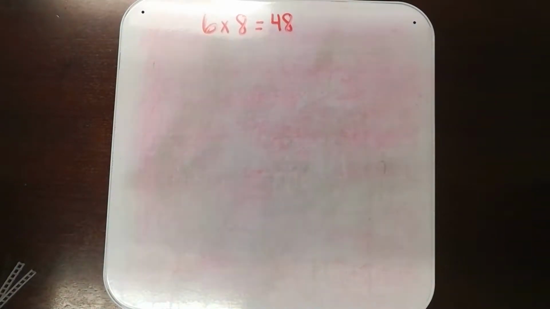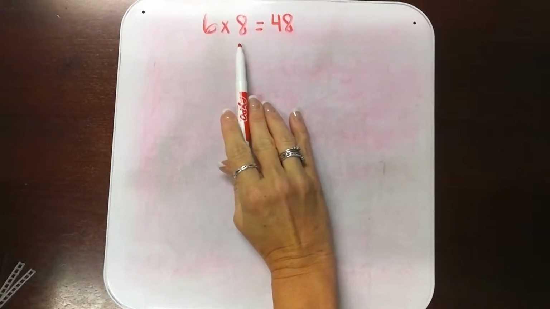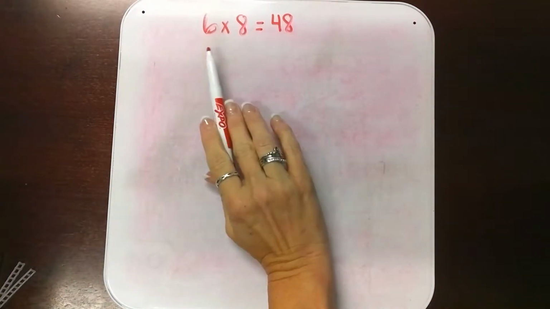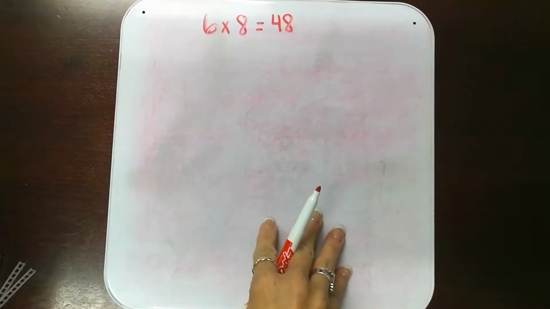Students would give me arrays. Students may give me groups times numbers in each group. Some may give me factors times factors equal product. Some students may do an area model. Some may break up 8 into 4 and 4 and do 6 times 4 is 24. But the reason I did this activity was because I wanted to know what students still remembered about multiplication from 3rd grade.